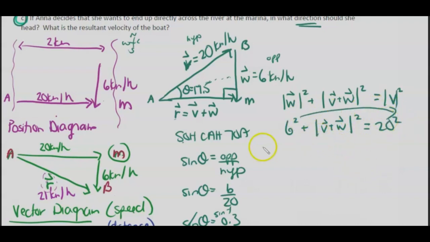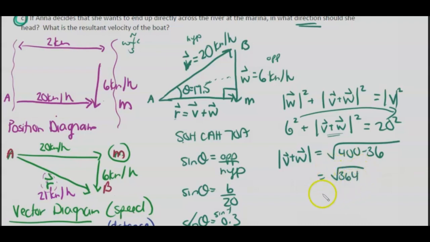I'm going to bring this one over, and if you want to rename this R, that's fine. We're going to get the square root of 20 squared minus 6 squared, which is 400 minus 36, which is 364. And when we root it, we get 19. So this right here is 19 kilometers per hour.